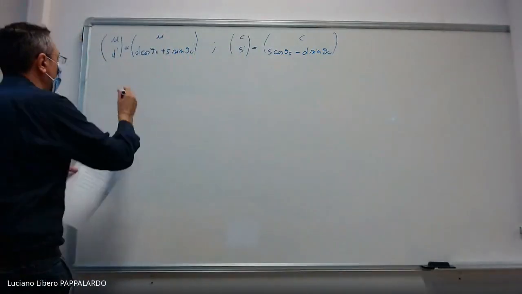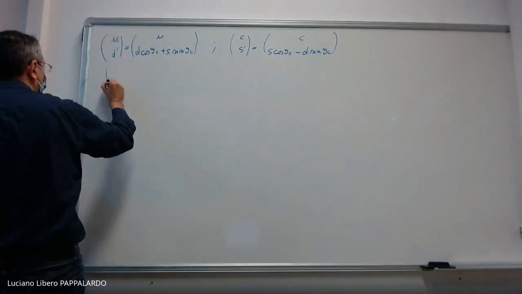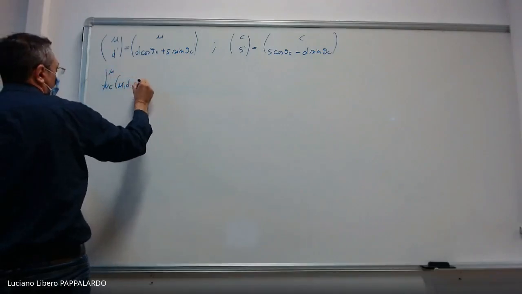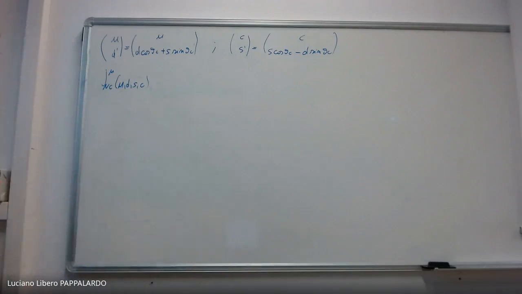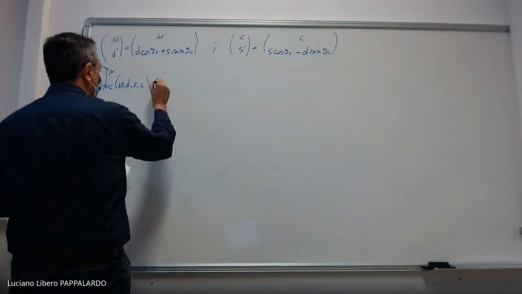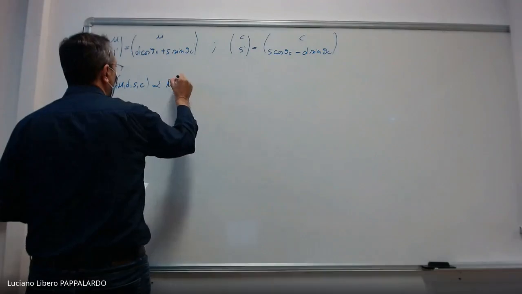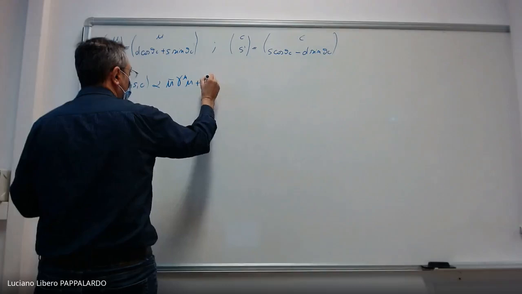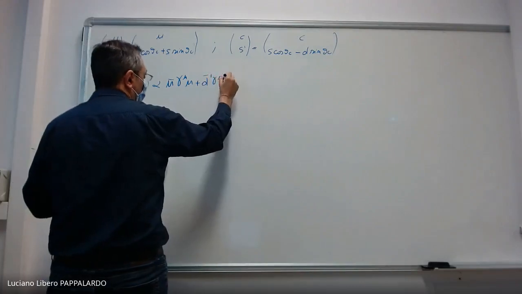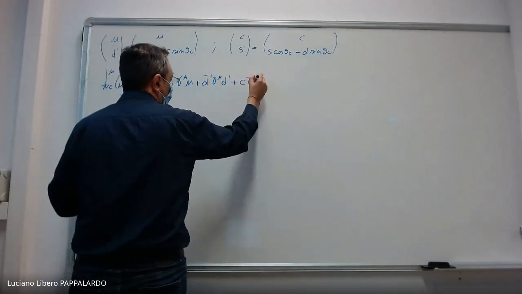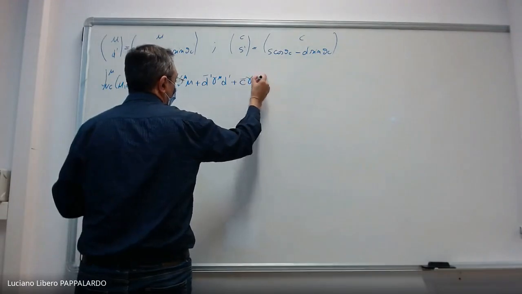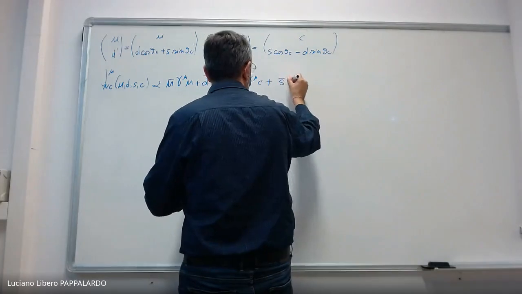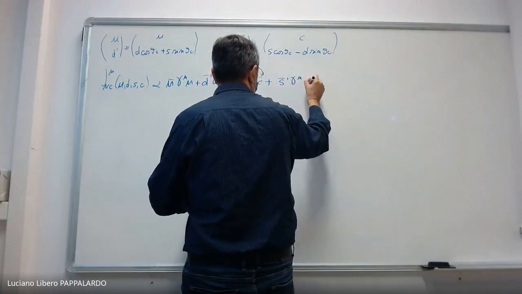Okay, and let's now repeat our computation, but now including four quarks, up, down, charm, and strange. This is proportional to u bar gamma^μ u, plus d' bar gamma^μ d', plus c bar gamma^μ c, plus s' bar gamma^μ s'.